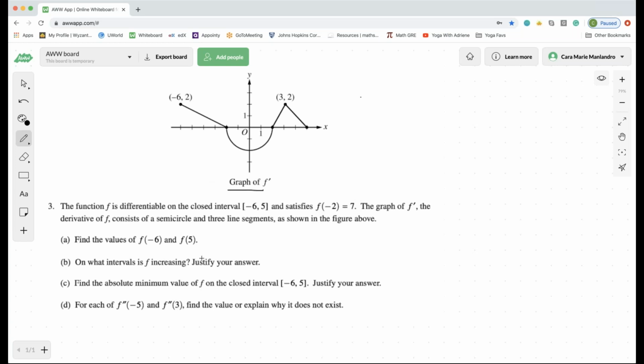So we want to find the values of f of -6 and f of 5. Does everybody agree that to find f of -6, I'm going to have to take my derivative and integrate it? Yeah? Cool.